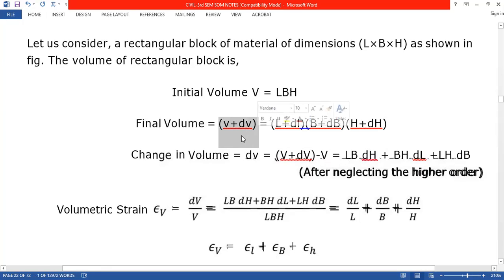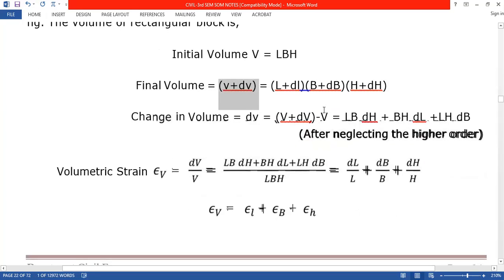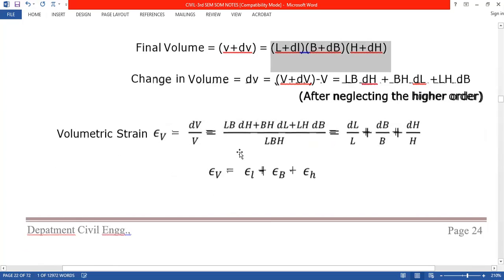So it can be written as V plus delta V, the final volume, minus the initial volume V. Similarly, L plus delta L minus L, B plus delta B minus B, and H plus delta H minus H. After multiplying all three and neglecting the higher order terms, that means delta L into delta B, delta B into delta H, like this.